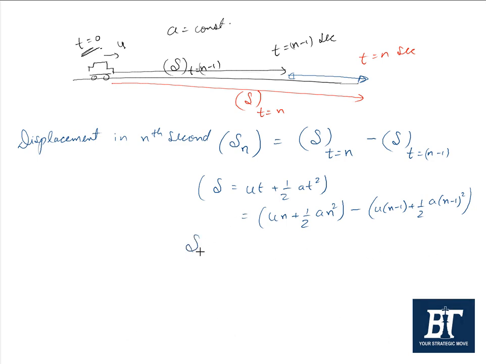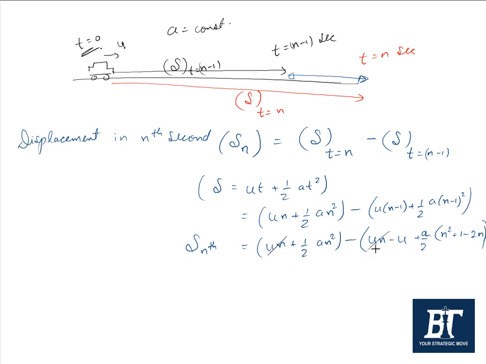So displacement covered by a body in nth second of its motion is equal to un plus half a n square minus un minus u plus half a, where (n minus 1) square is n square plus 1 minus 2n.